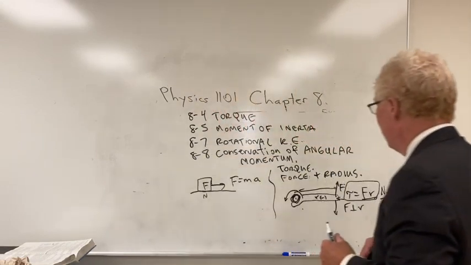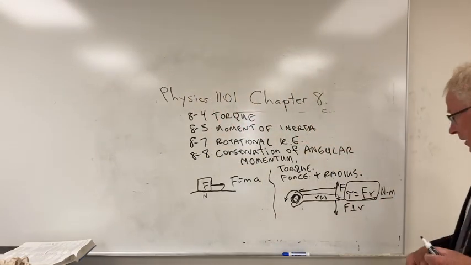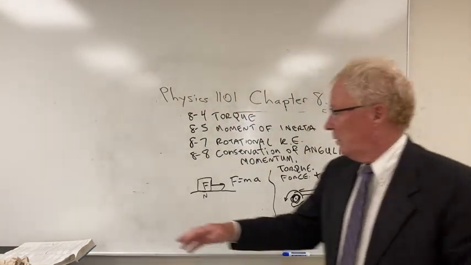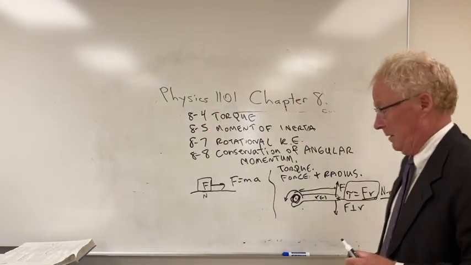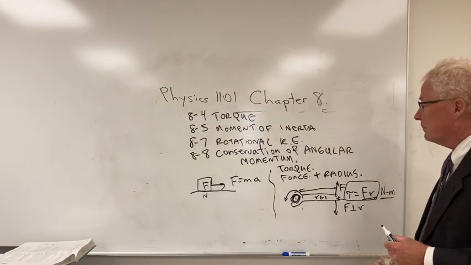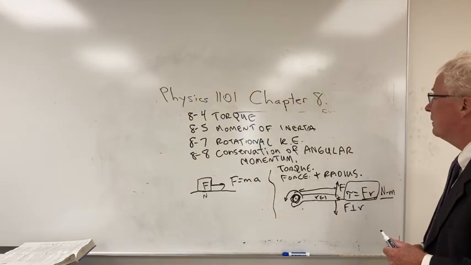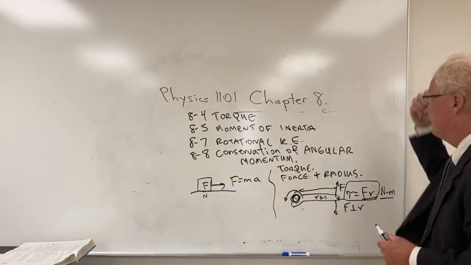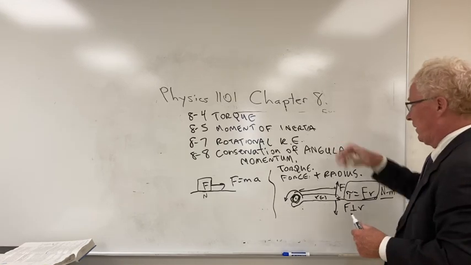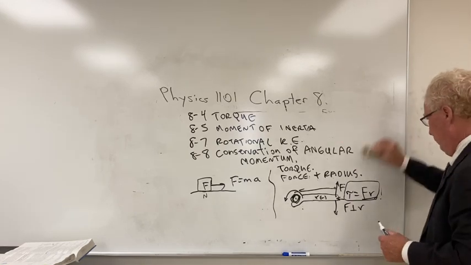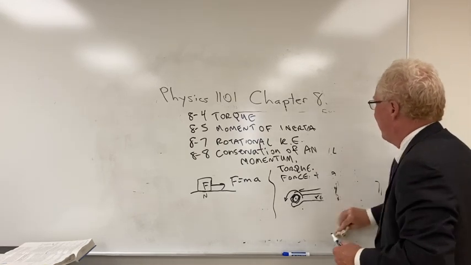I'll leave that up a minute, and then I'll go on to the next part. I'm going to move on to section 8.5. I'll erase this for a moment and rewrite this.